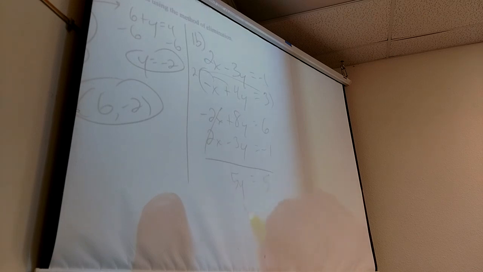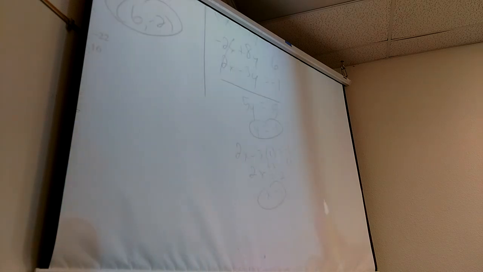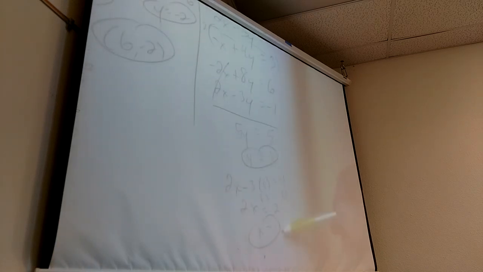So y is 1. And if you plug that back into this first one, 2x minus 3 times 1 equals negative 1. 2x plus 3 equals... 2x is 2, so x is 1. Take the one you know, put it back into either one of these to figure out the other one.